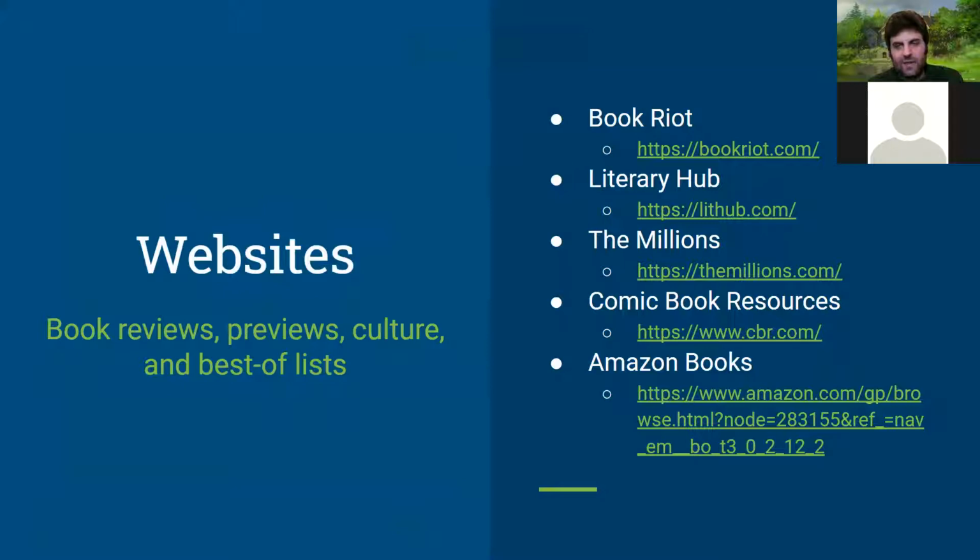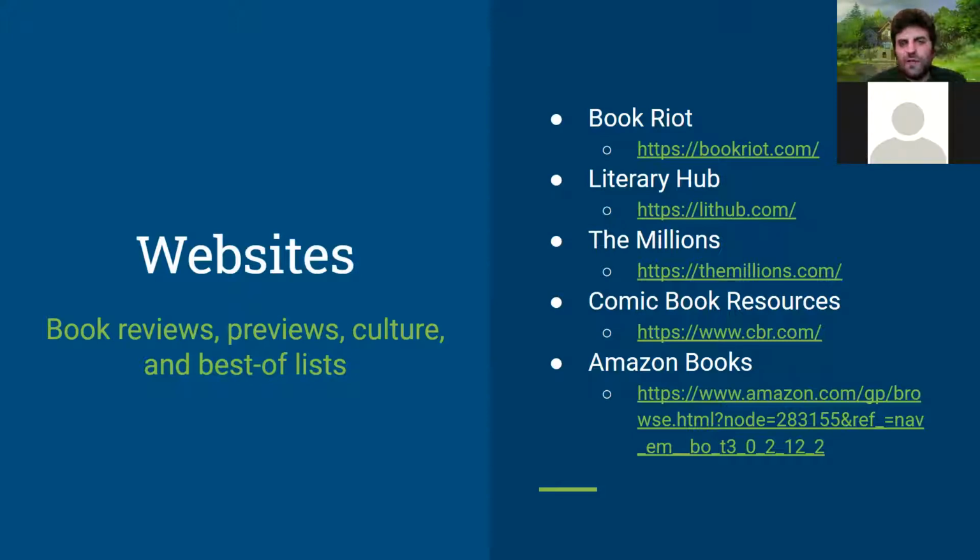I also tend to read the New Yorker and New York Magazine. I like their book recommendations. Pretty much if you're reading a magazine, you probably have book recommendations. Even things like Entertainment Weekly tend to have good book recommendations. So there are a lot of magazines that are going to have book recommendations for you.